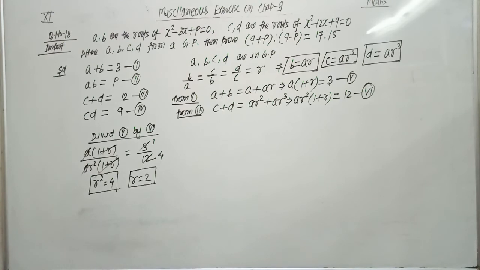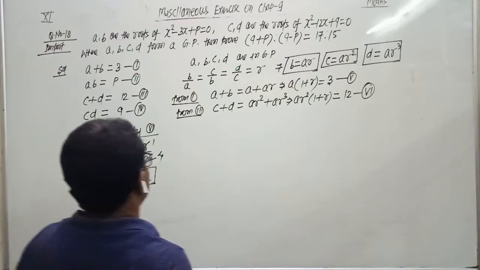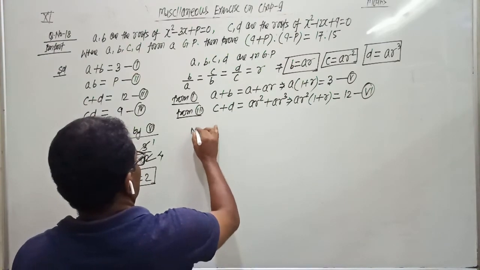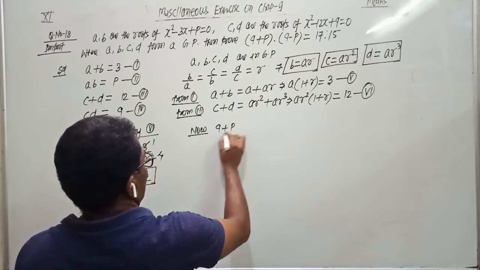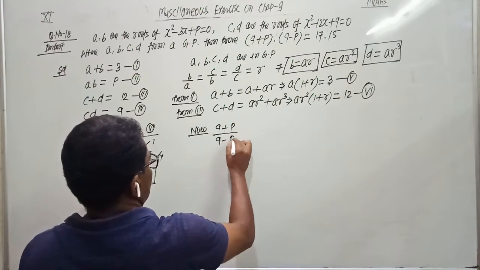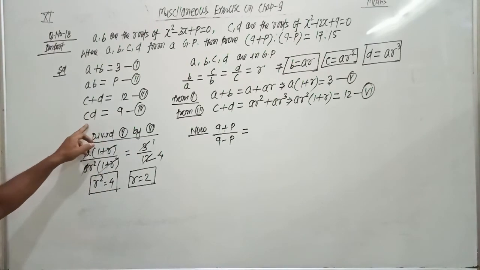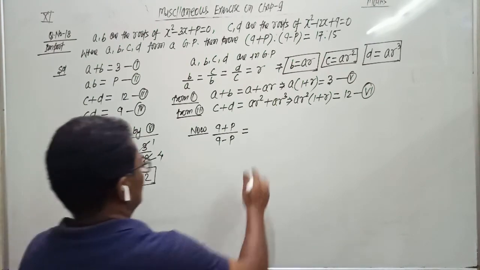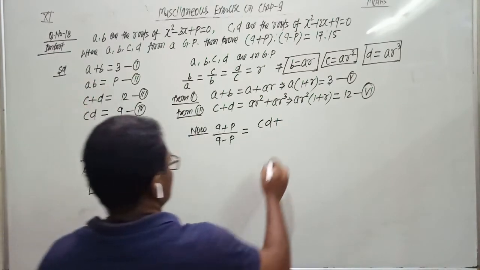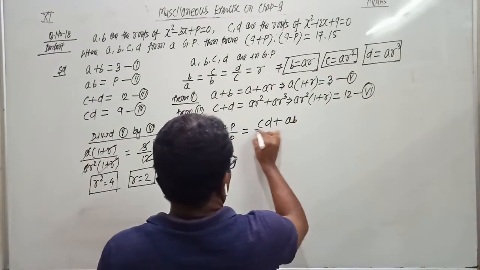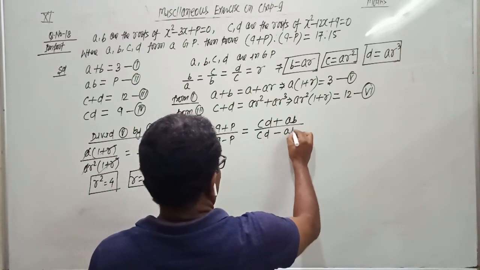Now we have to find the ratio of Q plus P and Q minus P. So Q plus P upon Q minus P, and the value of Q is equals to CD, and the value of P is AB, so CD plus AB upon CD minus AB.